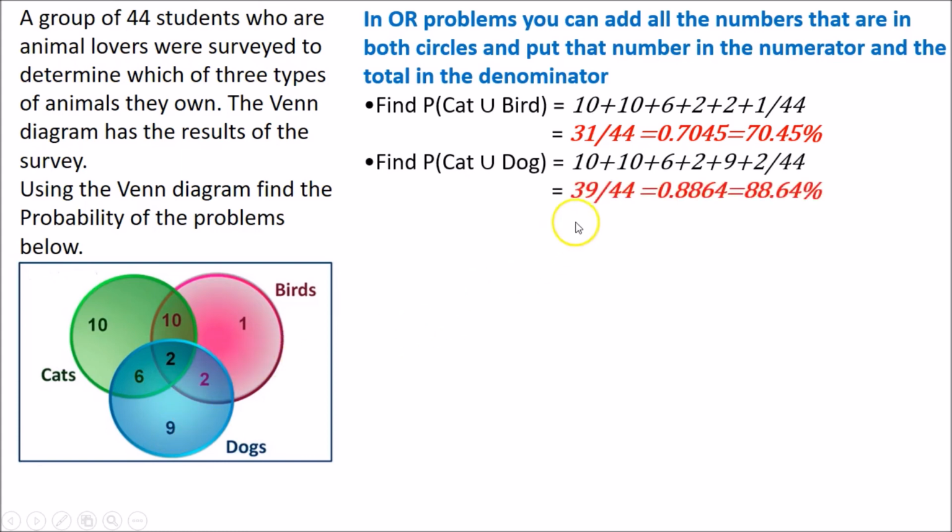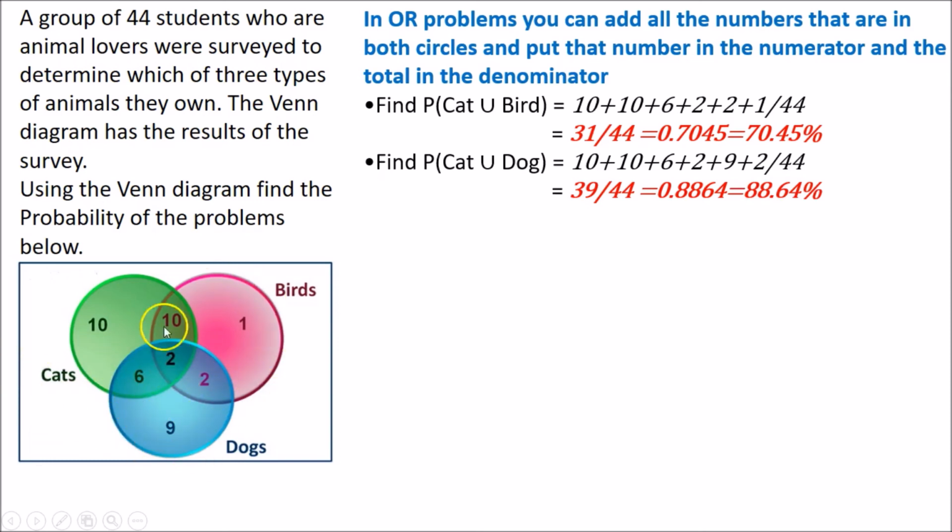So we're going to put the 39 over the 44. And remember too, sometimes these answers will be reduced fractions, so you guys got to really watch for that too, okay? Put them in the calculator, push math 1 and see if it will reduce. This is 0.8864, which is 88.64%.